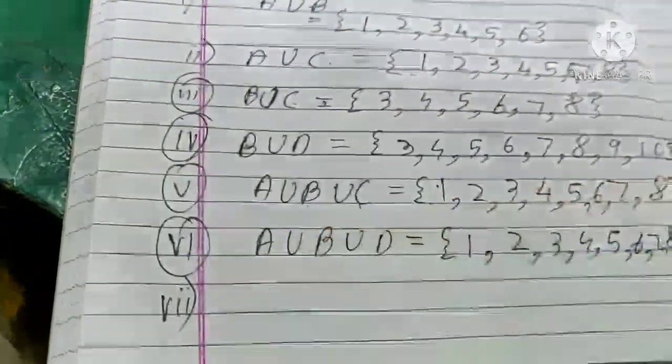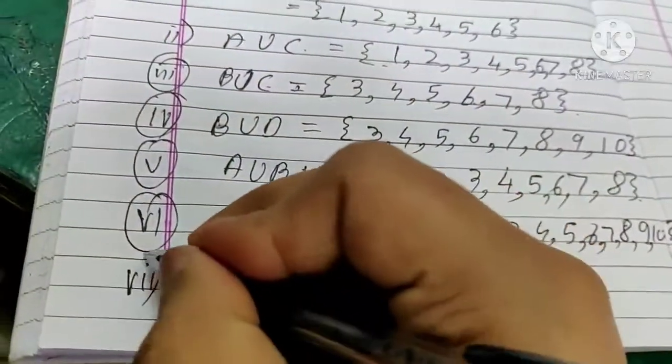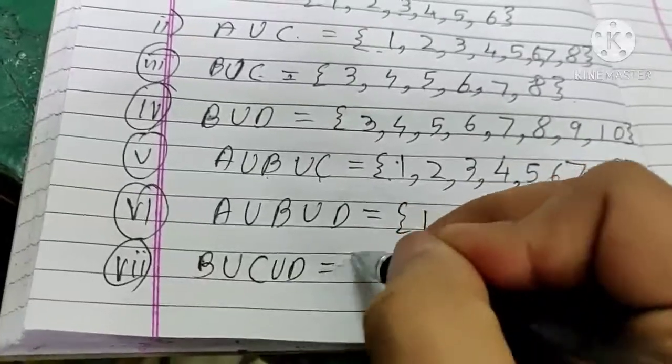So next is this. B union C union D. What is B here? B is 3, 4, 5, 6.